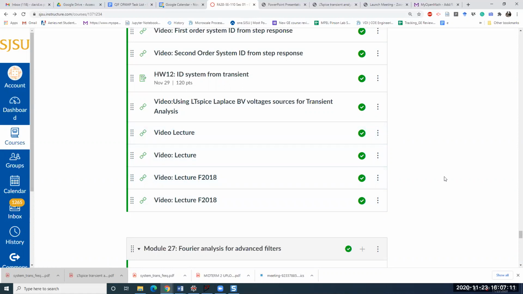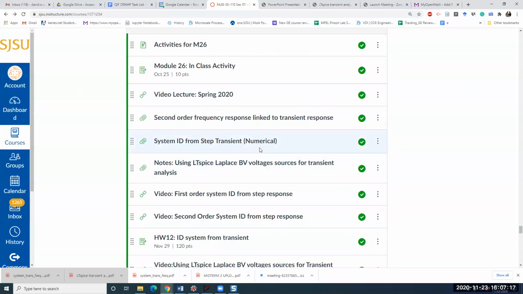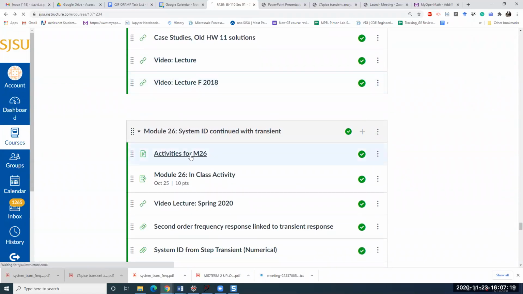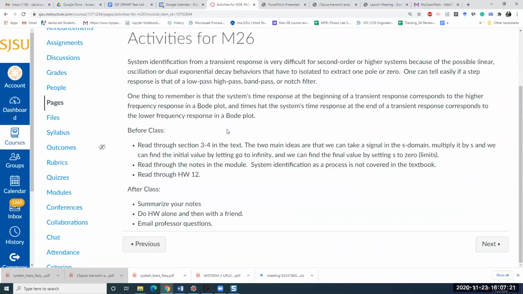Okay. So I would start with today. And really, if you look at activities, I'm saying here's what to read.